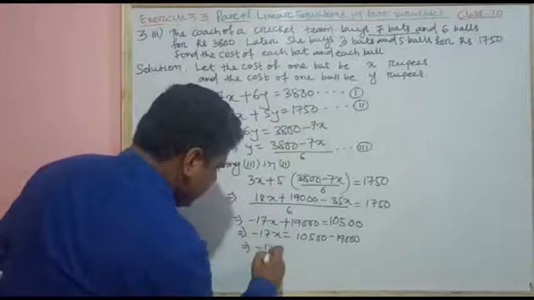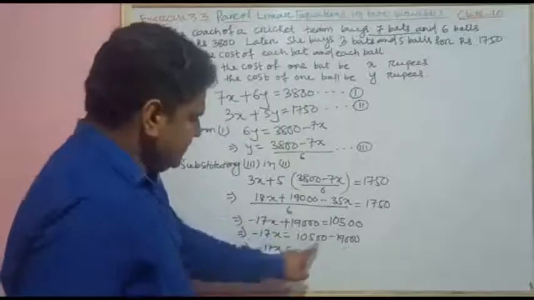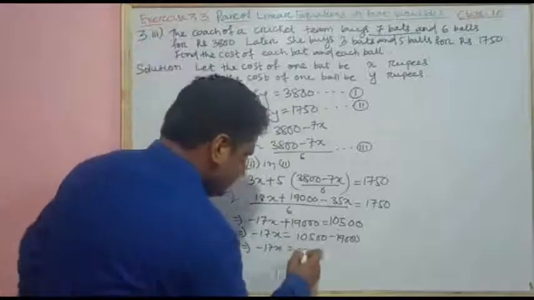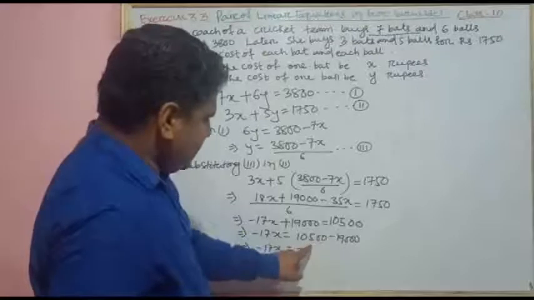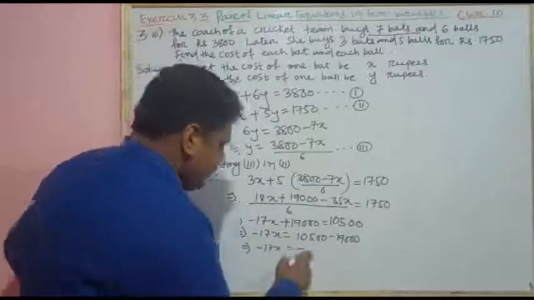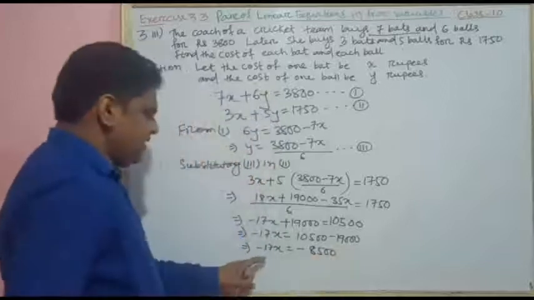So minus 17x is equal to this minus this, and here will be a negative symbol. 19,000 minus 10,500 will be 8,500, and symbol will be negative.